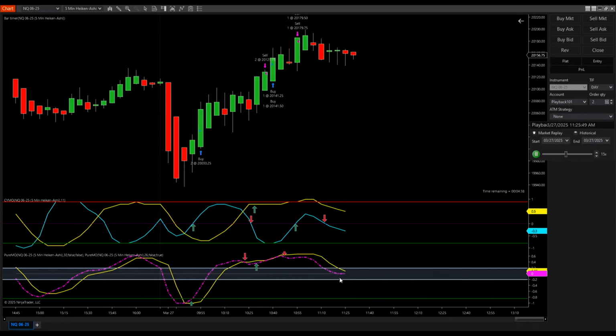And condition number 2 is I want to make sure that the yellow line is within this gray zone, also traveling in the same direction as the purple line. If I see those 2 conditions here with PureMO, guys, I am going to execute a short trade because I already have confirmation that price is going down here with market structure with CYMO. The only thing I need confirmation with now is that momentum is actually going to rip down to the downside with PureMO right here, okay?